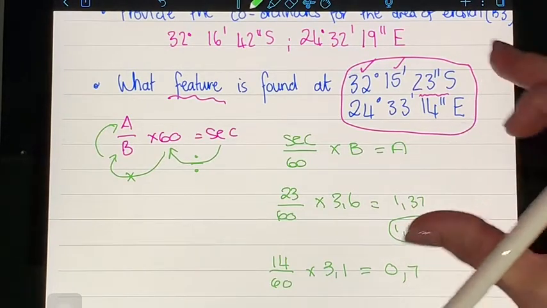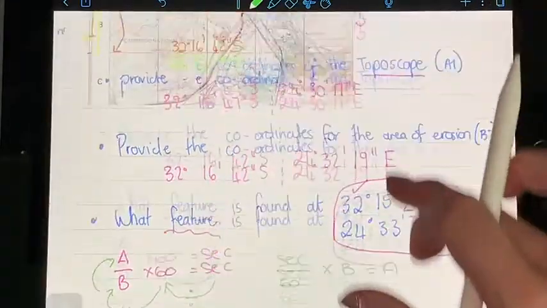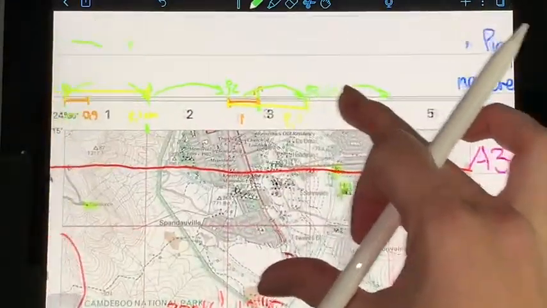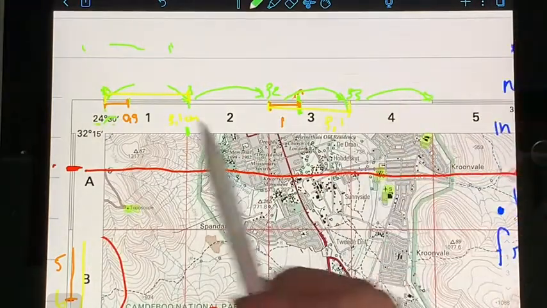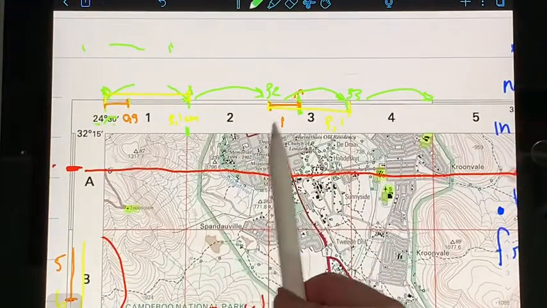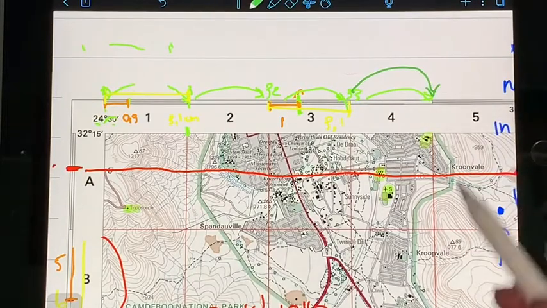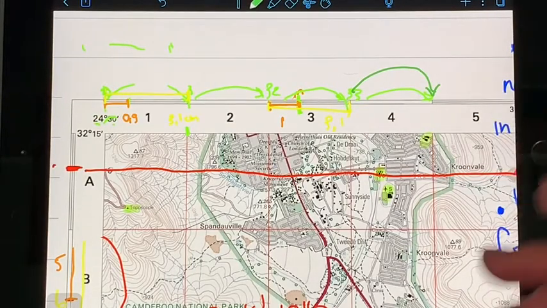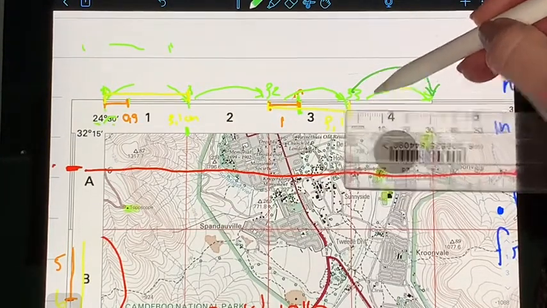Okay, and so now we're going to take 24 degrees, 33 minutes, and we're going to go and find those positions. So 24 degrees is there. We want 33 minutes. If this is 30, 31, 32, 33, we're within this row or column. And then we're going to measure 0.7 centimeters and mark it off.